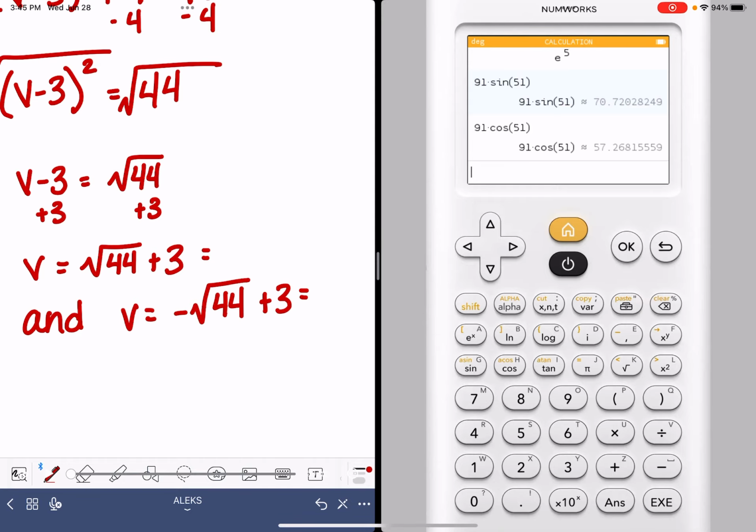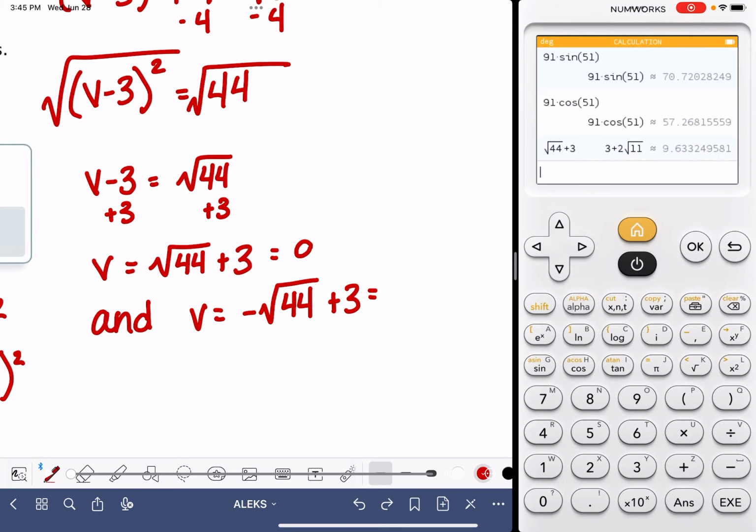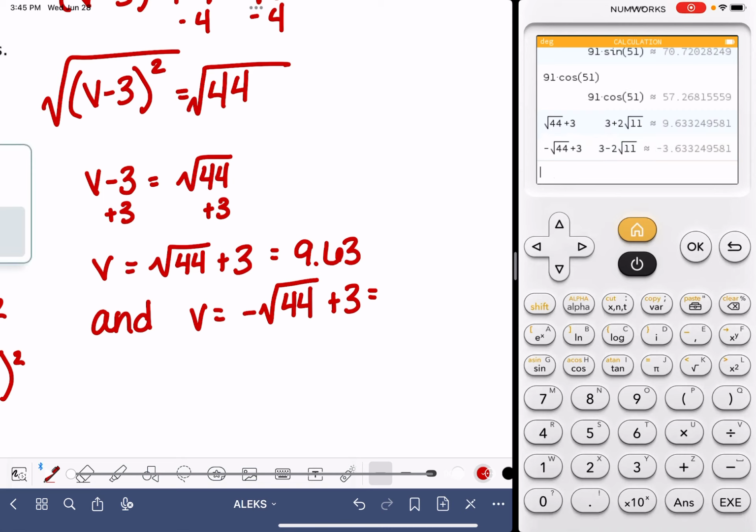So using our calculator, the square root of 44 plus 3 gives me 9.63 to the nearest hundredth, and negative square root of 44 plus 3 is going to give me negative 3.63.